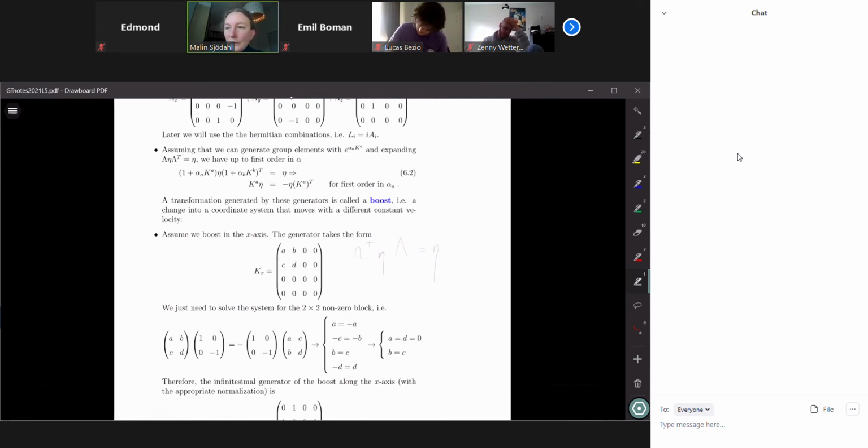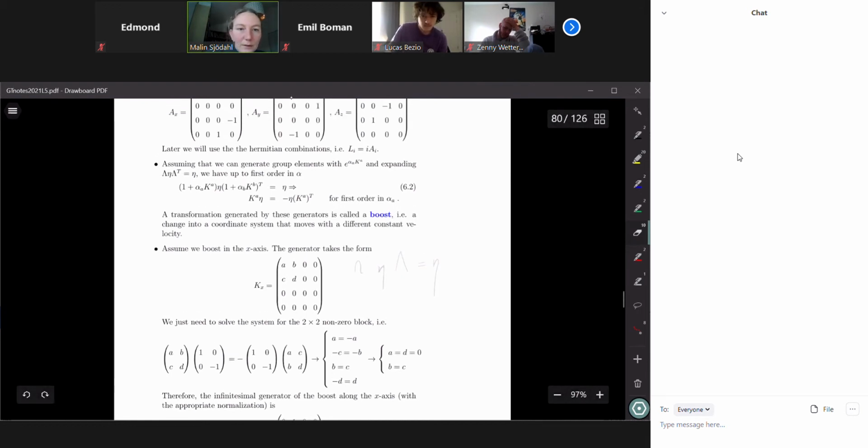This looks strange, but it makes more sense to have the transpose here, because this is how we normally transform a matrix.